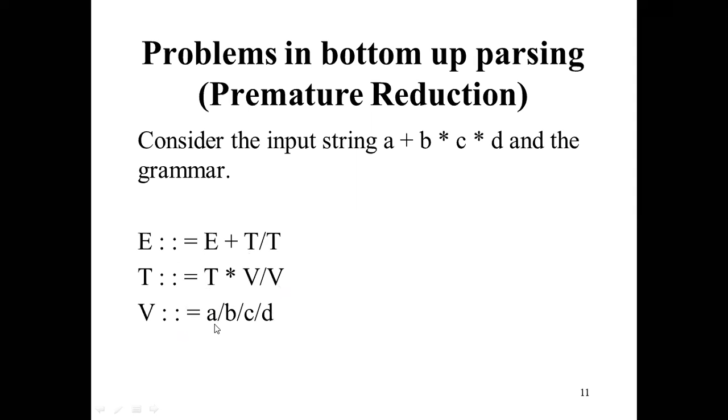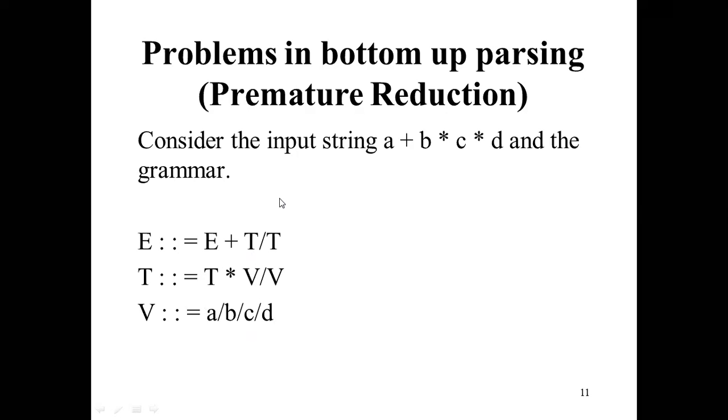Either we can write A in place of V, we can write B in place of V, we can write C in place of V, or D. So we have four choices here, two choices here, two choices here.